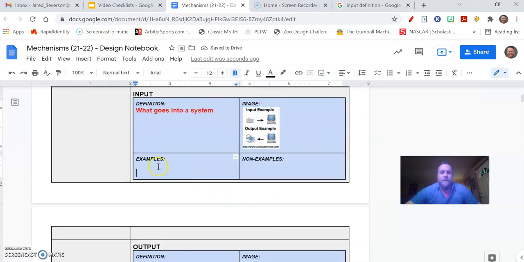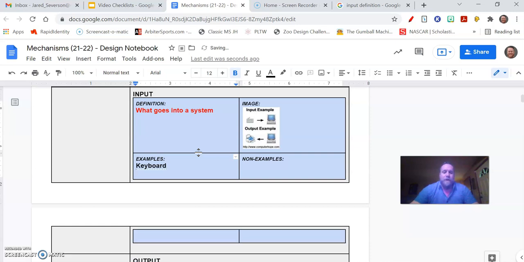There we go. So an example of an input just from this picture right here: when I'm using my computer or my Chromebook, the input, what's going into something, is my keyboard. So the words that I type on my keyboard, it could be how I control it with a mouse as well. Some non-examples might be, if I look right here, the output, that's an opposite, what comes out of the system, and that's the next word you're going to define.